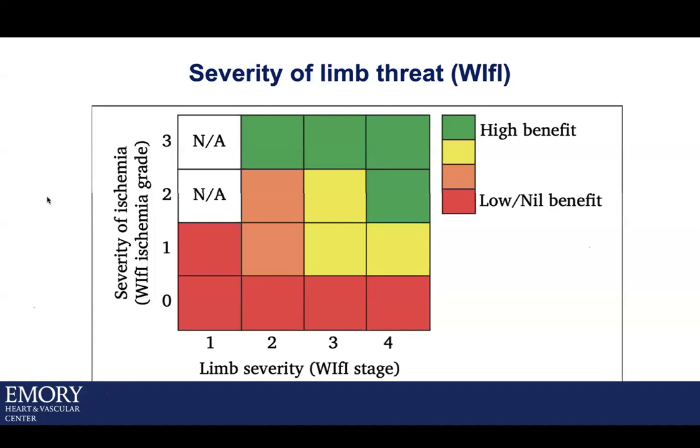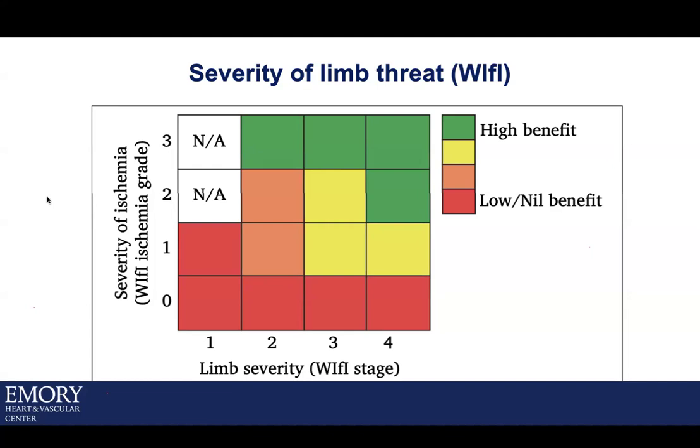And the benefit of revascularization in these patients is linked to both the severity of ischemia and the degree of limb threatening. The higher the ischemia, the more these patients benefit from revascularization.